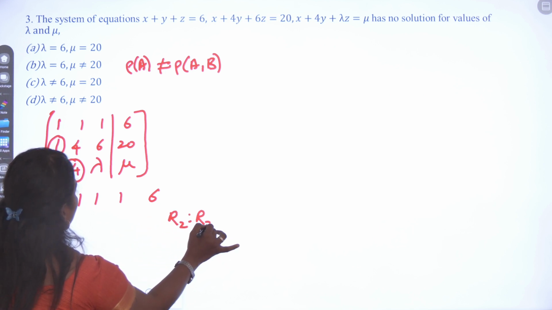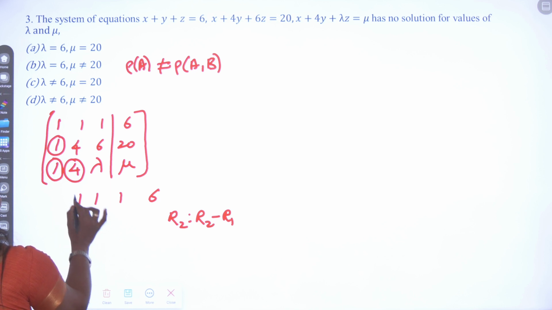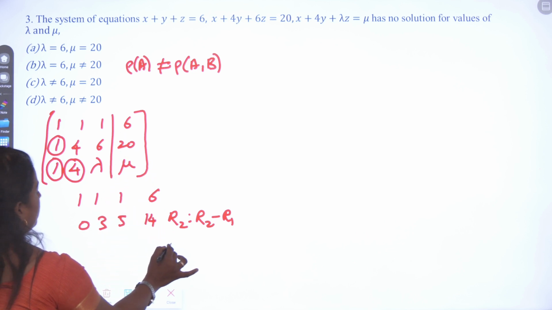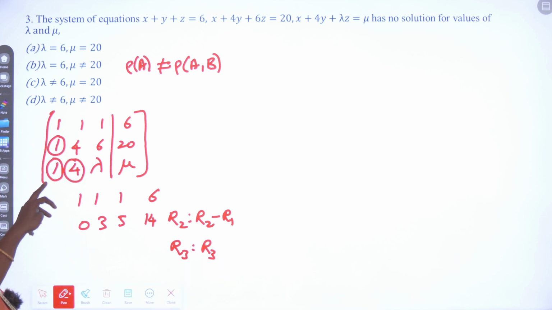R2 becomes R2 minus R1. Using R1 we have to convert this element to 0. So R2 minus R1, which is 0, 4 minus 1 is 3, 6 minus 1 is 5, and 20 minus 6 is 14. Next R3. Again here also it is the same 1, so it becomes very simple.